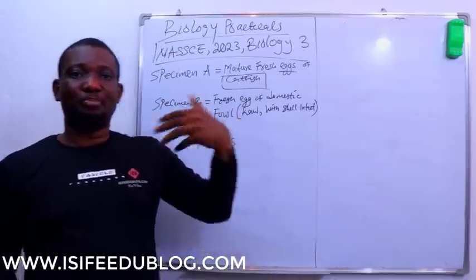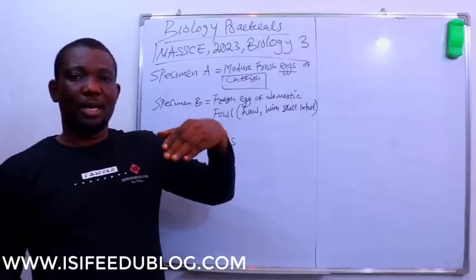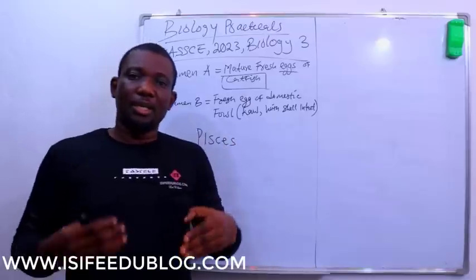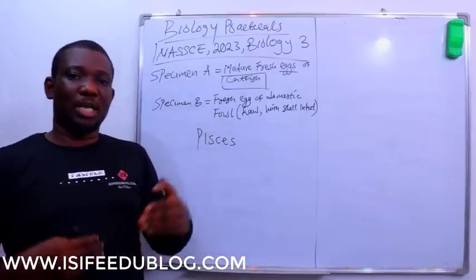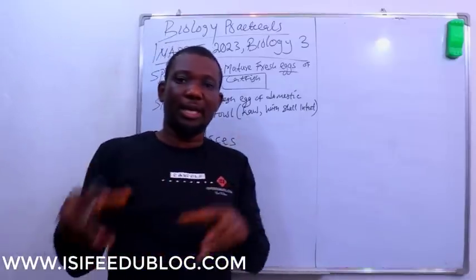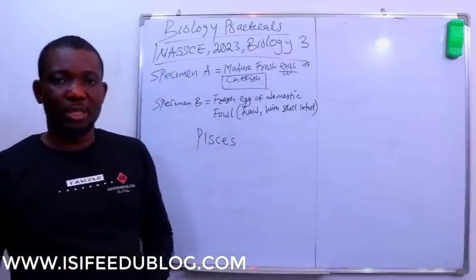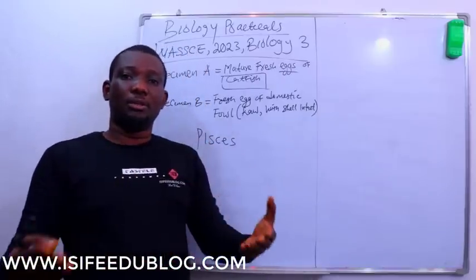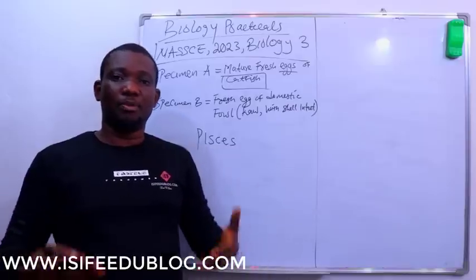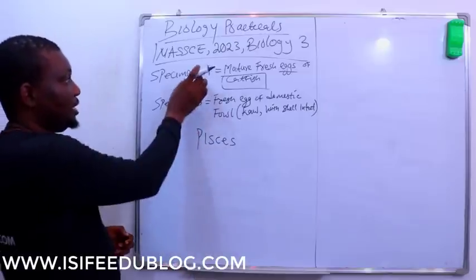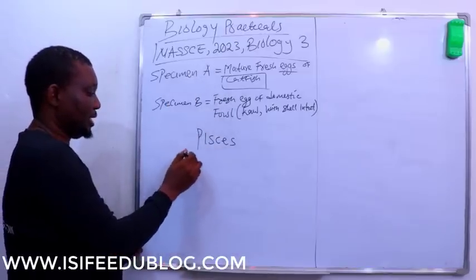Sperm cells do not permeate into this organism; rather, the sperm cells are poured on the eggs that were laid. This class of vertebrates simply undergo a type of fertilization called external. So fertilization in specimen A is external.